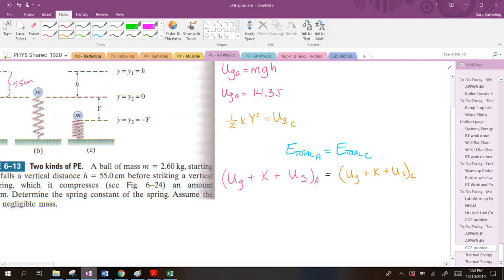And there could be another part of the problem. We've done it before to figure out how fast that ball is going when it gets to B, right? And in that problem, kinetic would be the thing that would matter. But at the very beginning, what is the velocity of that ball? And at the very end, what is the velocity of that ball?